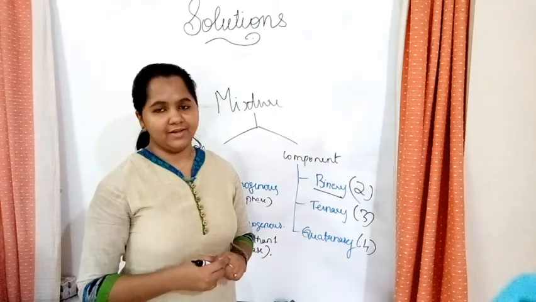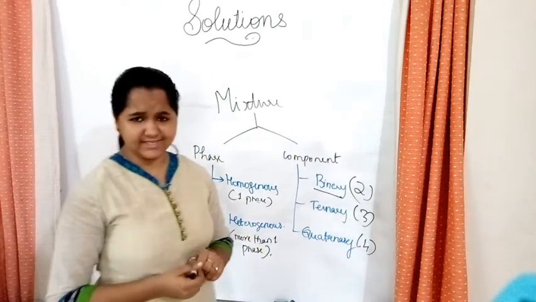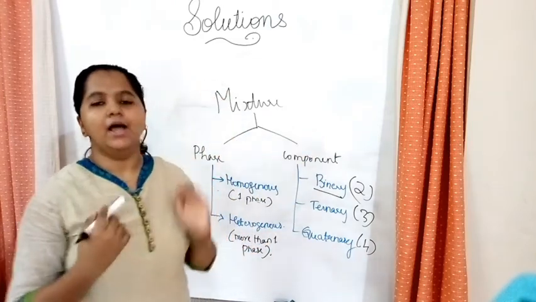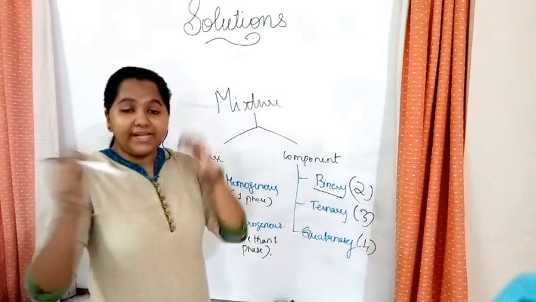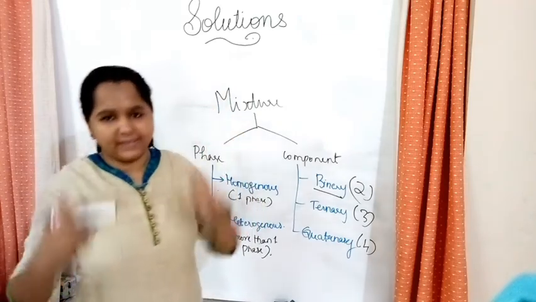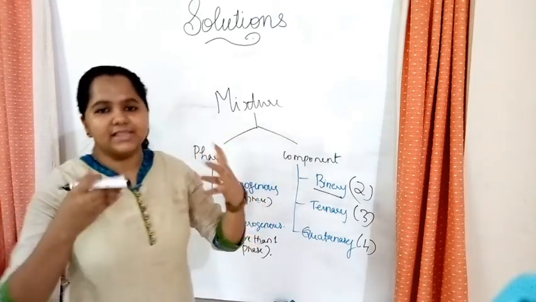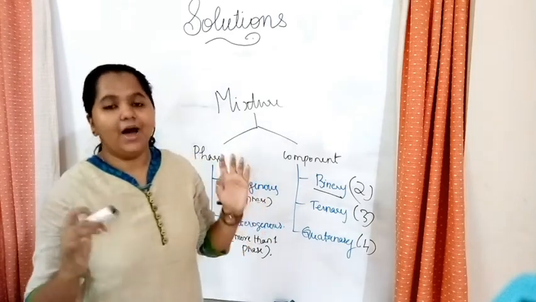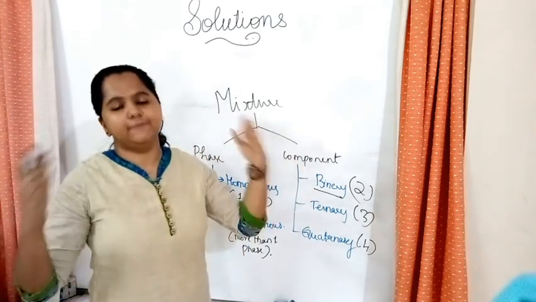So let's see an example. Milk. Milk looks like a homogeneous solution, doesn't it? Can you differentiate particles? Can you differentiate two phases? No. Actually milk appears to be homogeneous. But when you go to a microscopic level, you can see fat globules floating in the solution. So that means milk is also a heterogeneous mixture, that it has two different phases.